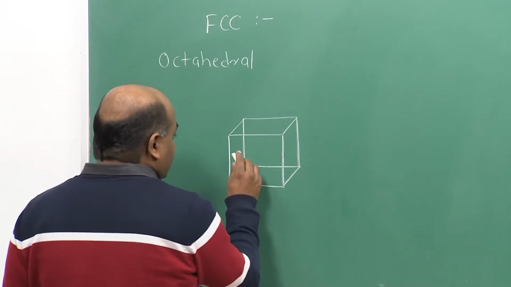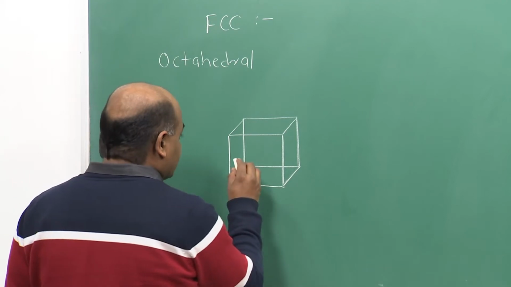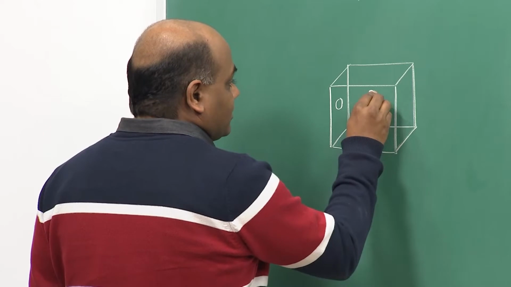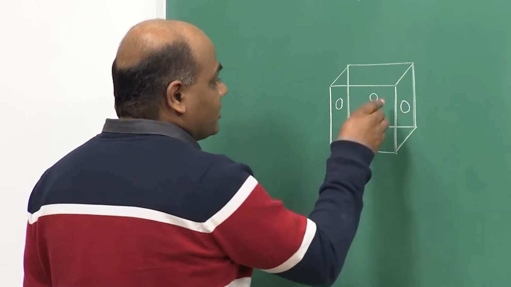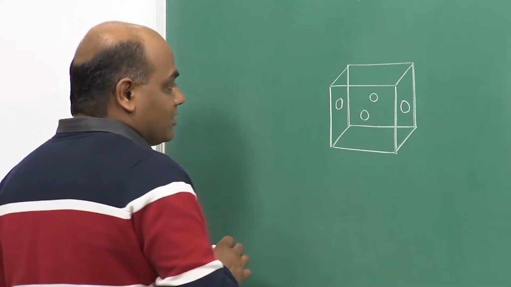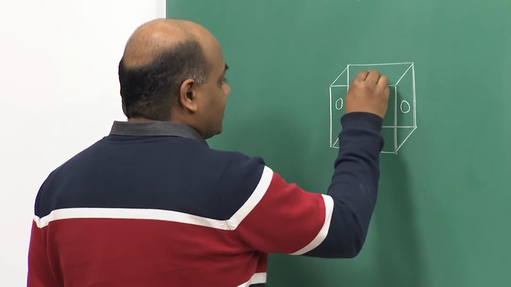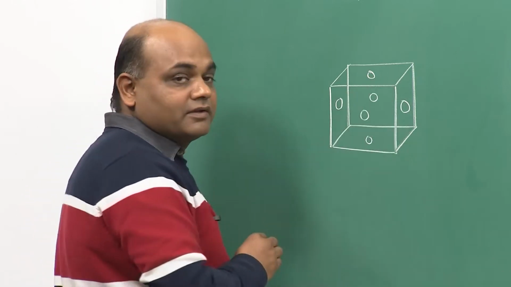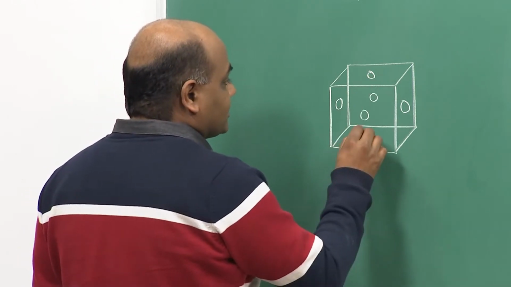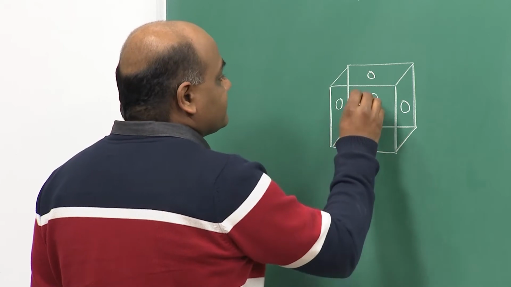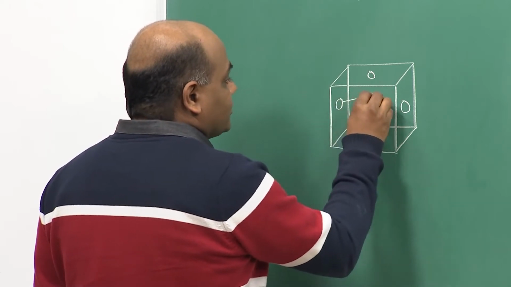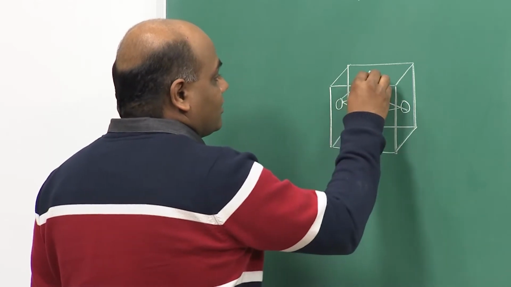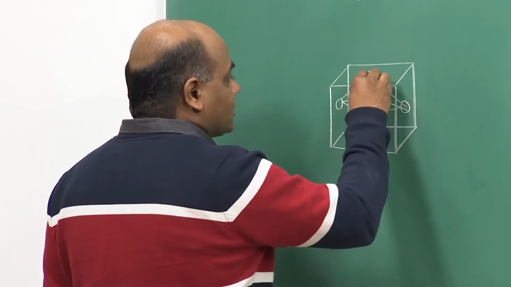So, if we draw an octahedron in FCC lattice, consider the 4 face centered atoms of the vertical faces and the 2 face centered atoms of the horizontal faces, and if you join these atoms, they will form an octahedron.